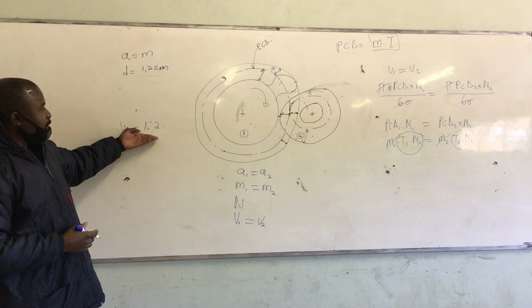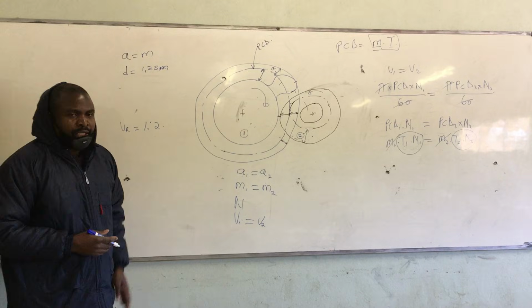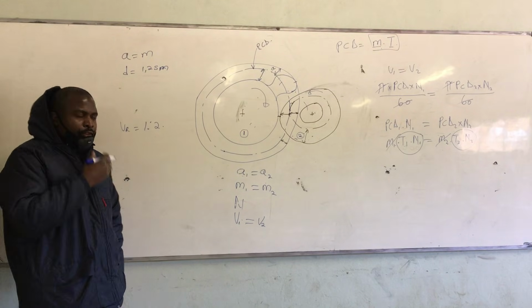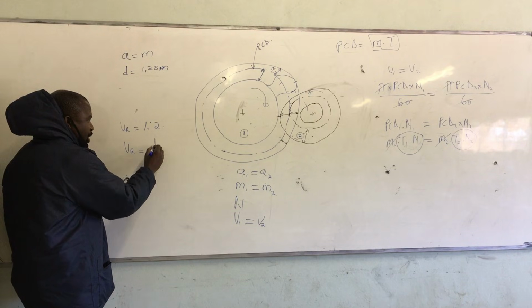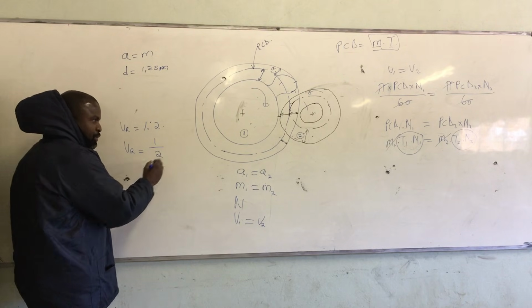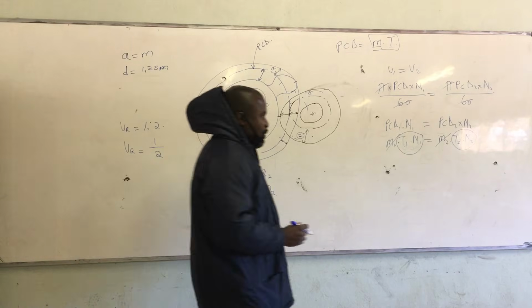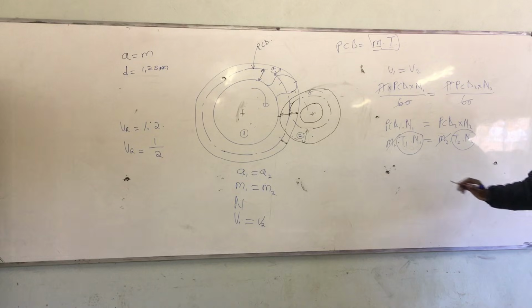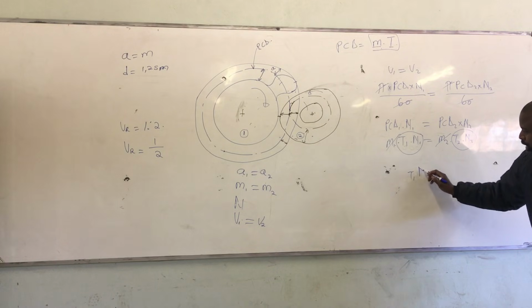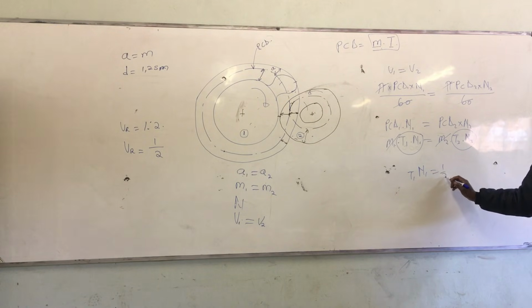So you are given this ratio like that. How do you use it together with that one? Firstly, what you need to know is this speed ratio is the same as 1 over 2. So coming to this side, using that 1 over 2, you cannot say T1 N1 is equal to 1 over 2. This is wrong.